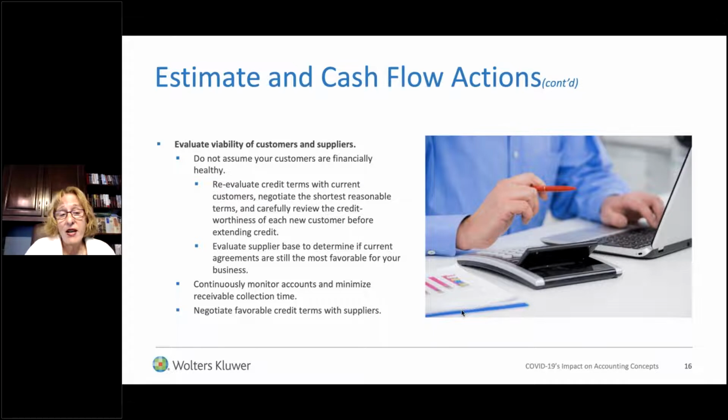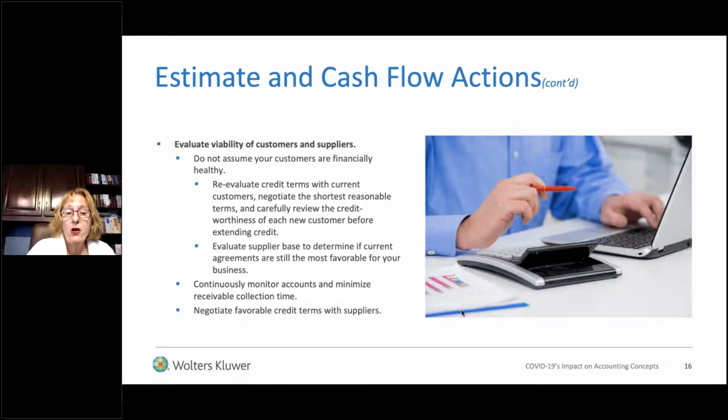And on the supplier side, you want to evaluate your supplier base and determine if your current agreements are still the most favorable for your business. You may go back and look at a lot of your current agreements, and there could be a possibility some of those vendors are on the verge of maybe not being able to continue business. You need to know that sooner rather than later.